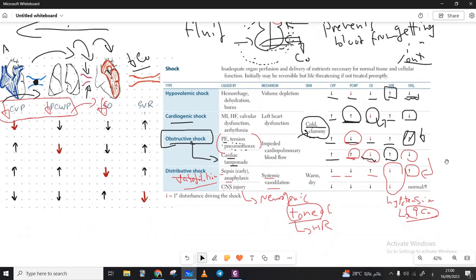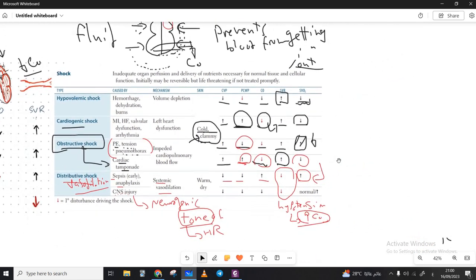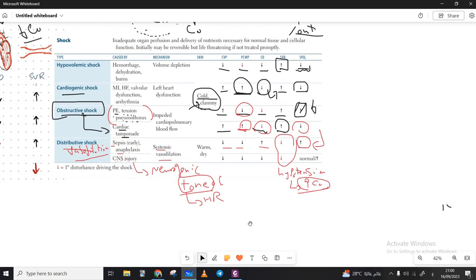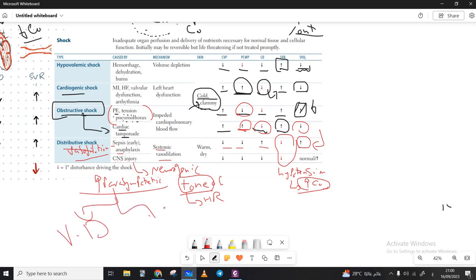So if you have a CNS injury, it's easier to think about it this way. When you have a CNS injury or CNS insult, it will result in more parasympathetic activation, and it takes over. So this will create a very severe vasodilation, and also will actually depress the heart or relax the heart more.